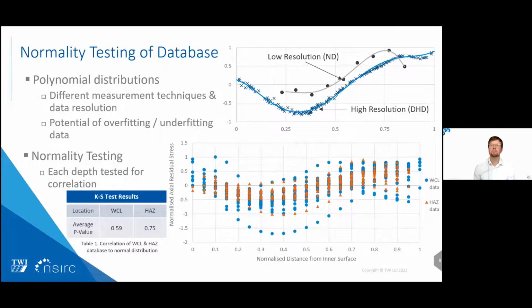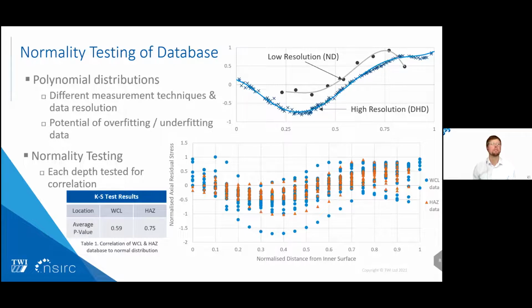So just a little bit of background. As I mentioned, there are different welding techniques and different measurement techniques, and these will typically have different resolutions. So you will have a high resolution data set next to a very low resolution data set, and you might have some over or under fitting because of this. One way around this is that I plotted a polynomial of each individual through-thickness measurement.